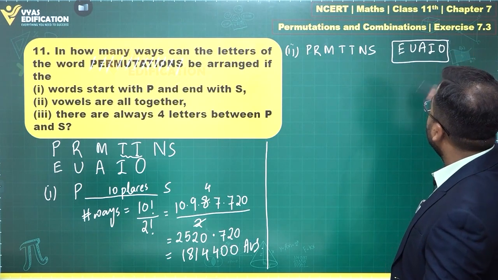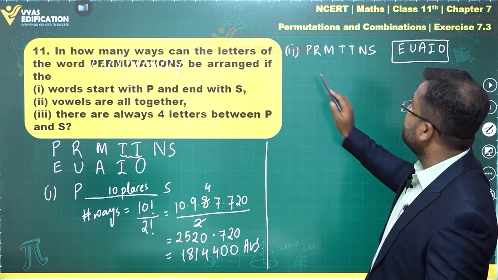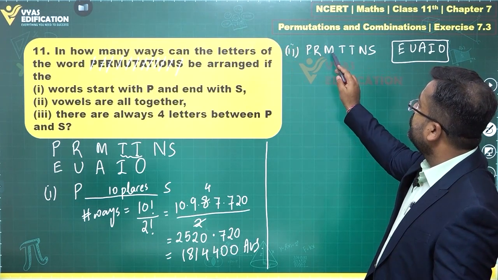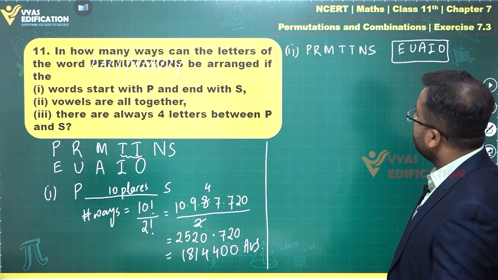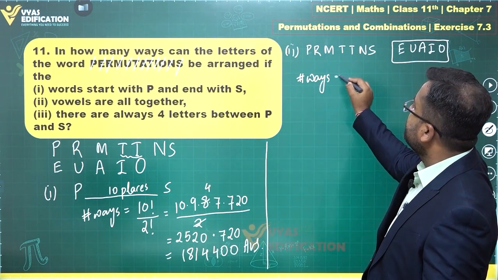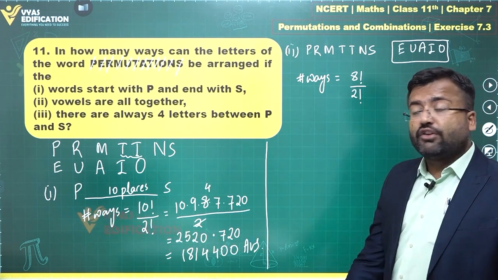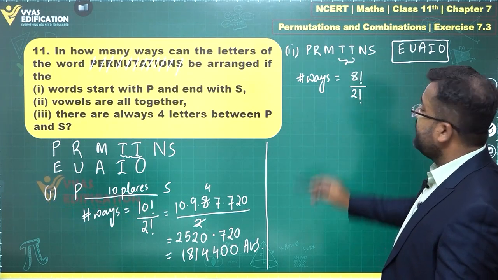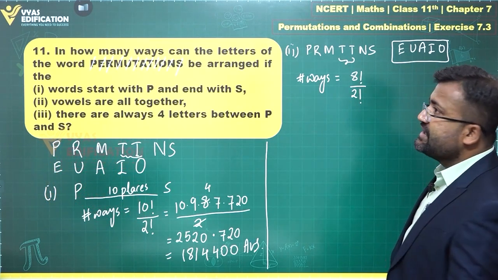These have to be kept in a bag first of all, and this bag will be permuted with these other elements. What are these? 1, 2, 3, 4, 5, 6, 7 and 8. 8 in total. So the number of ways will be equal to 8 factorial divided by 2 factorial. Why do we divide by 2 factorial? Because these are exactly the same, these are alike letters. What else?